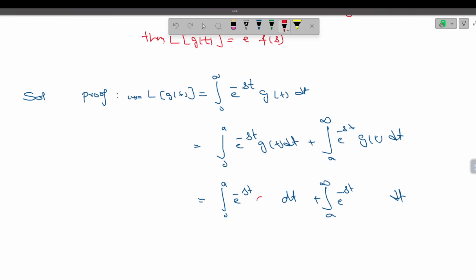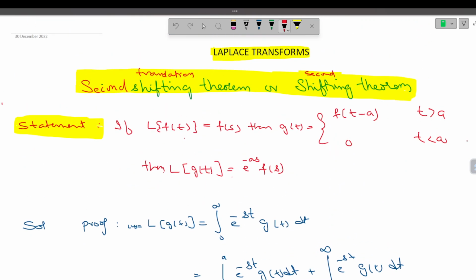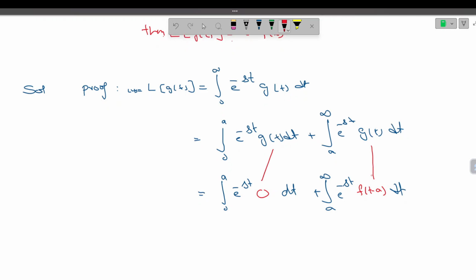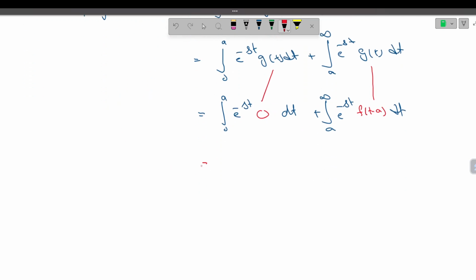So 0 times anything is 0, and the integration of 0 is 0. When t is greater than a, g of t is f of t minus a. So the part of our theorem reduces to integral from a to infinity of e to the power of minus st f of t minus a dt.